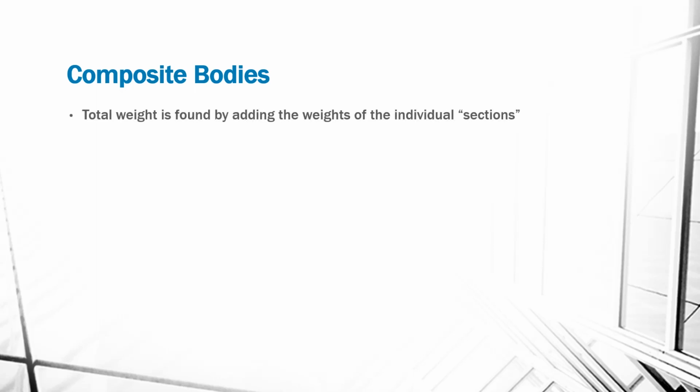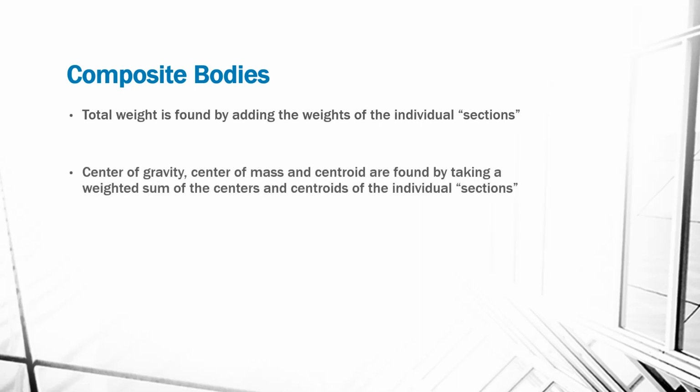For composite bodies, the total weight is found by adding the weights of the individual sections. And the center of gravity, the center of mass, and the centroid are found by taking a weighted sum of the centers and centroids of those individual sections. Now, this is actually the same process we followed in order to find the location of the resultant force of a composite distributed load.